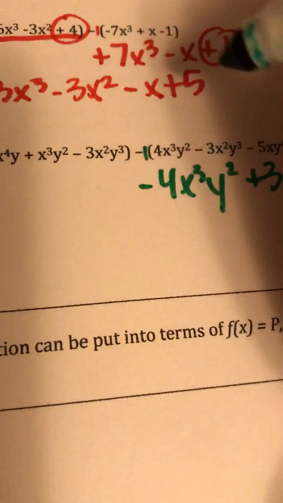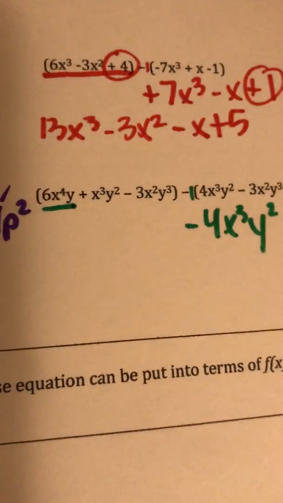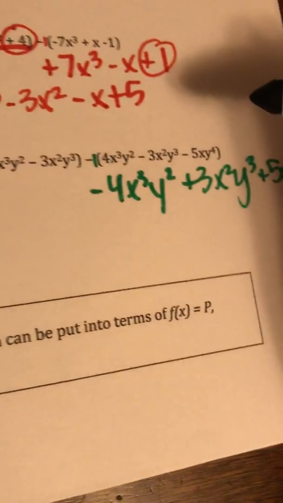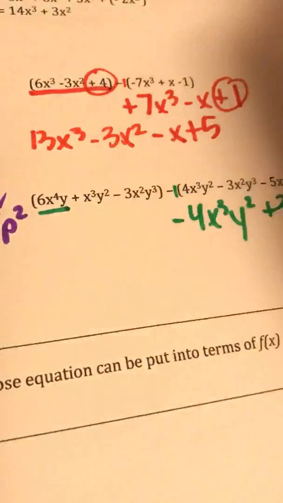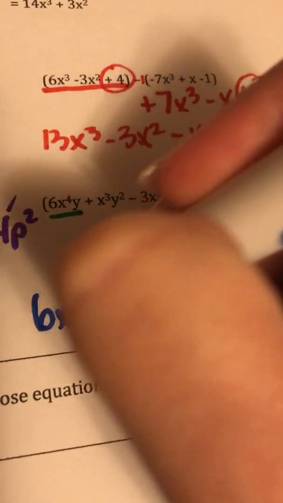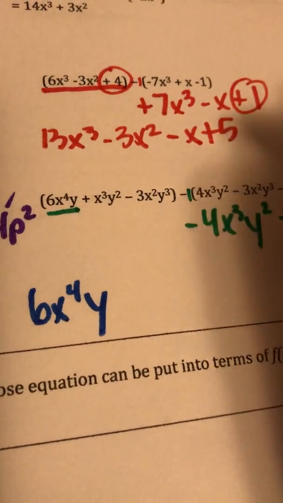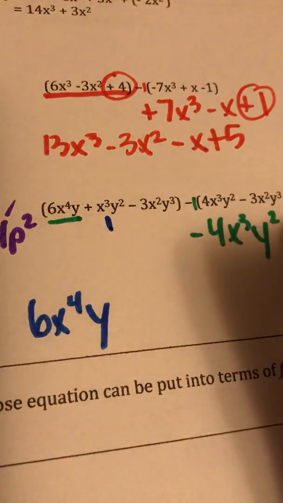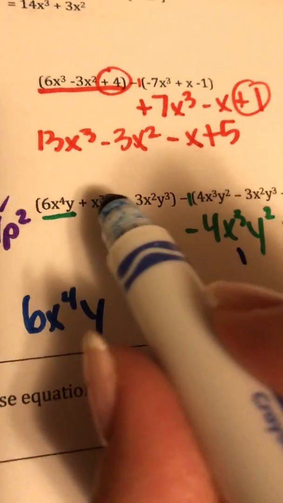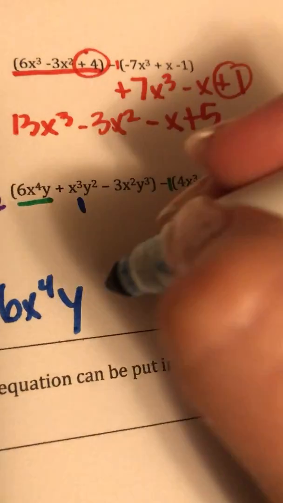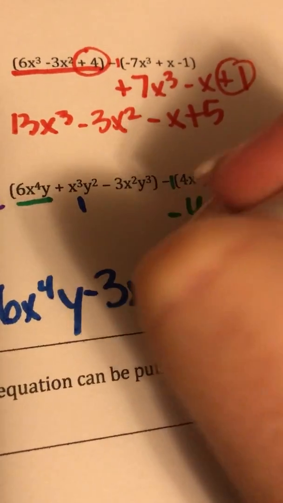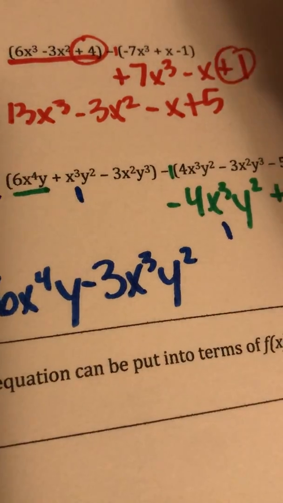First we have listed an x to the fourth y, and over here there are no x to the fourth y's. So I'm going to write 6x to the fourth y first, and then I have x to the third y squared. So positive 1 minus 4, so minus 3x to the third y squared.